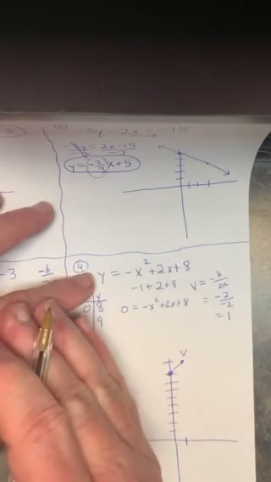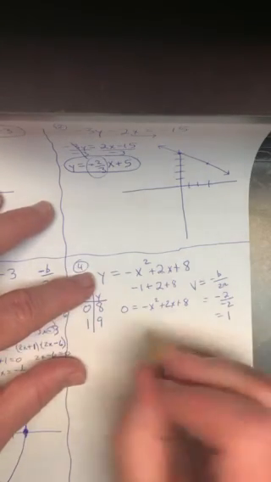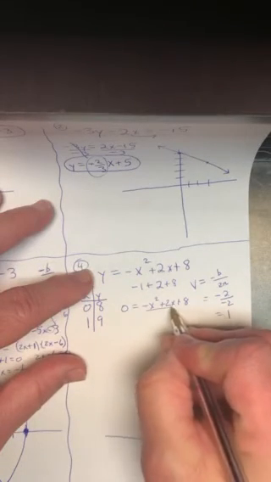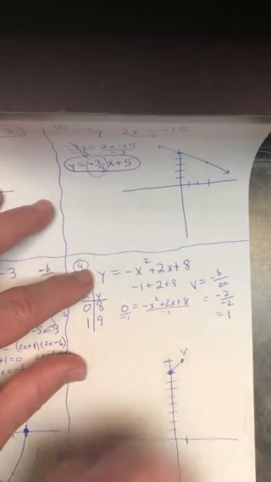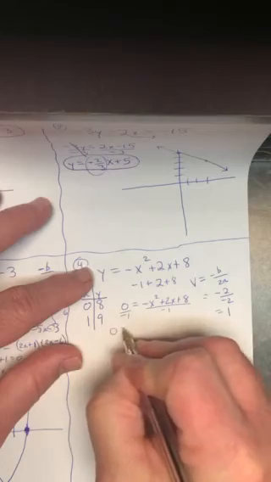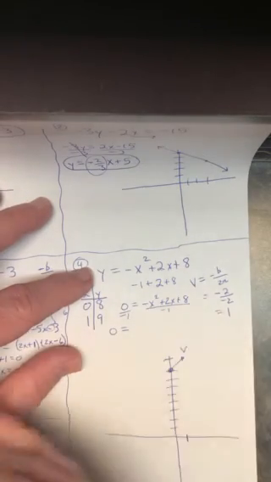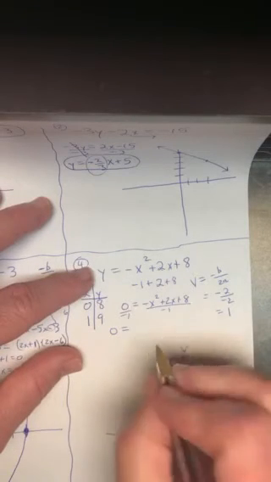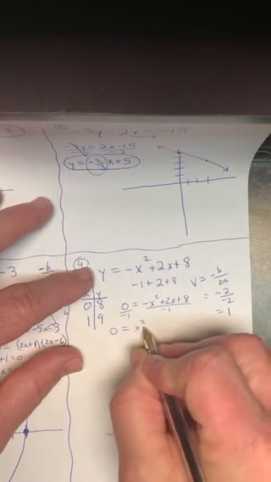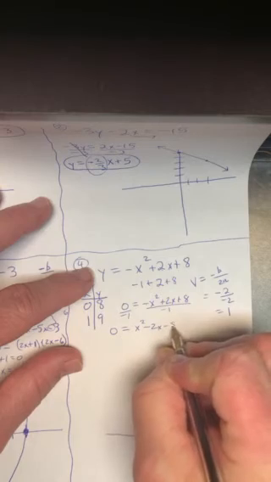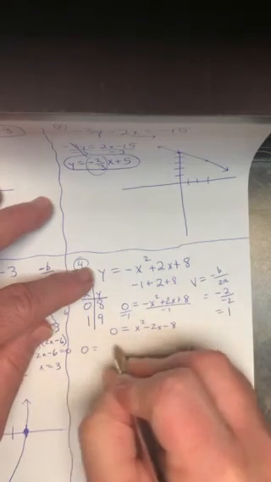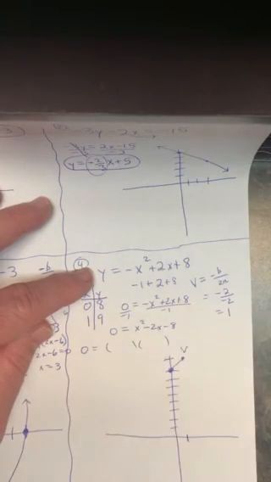You factor out a negative 1, or in this case, because there's an equal sign, divide both sides by negative 1, giving me 0 equals, and all that does when you divide by negative 1 is what? Change all the signs to the opposite. X squared minus 2x minus 8, and now that should factor into x and x.